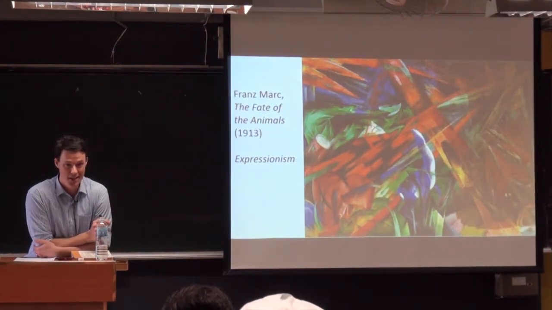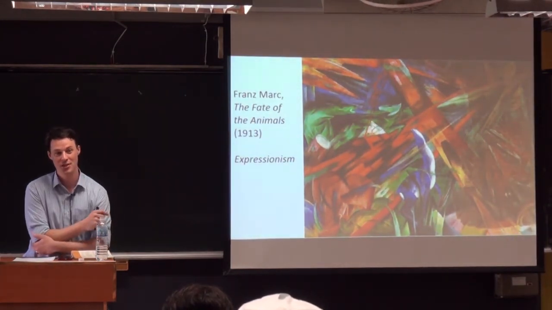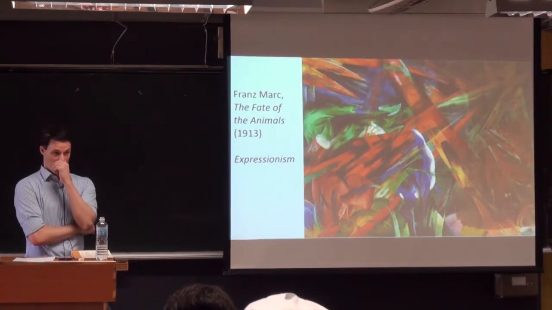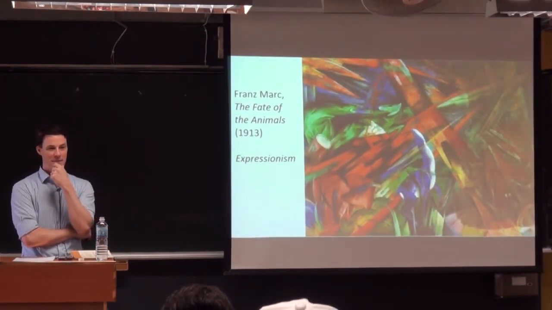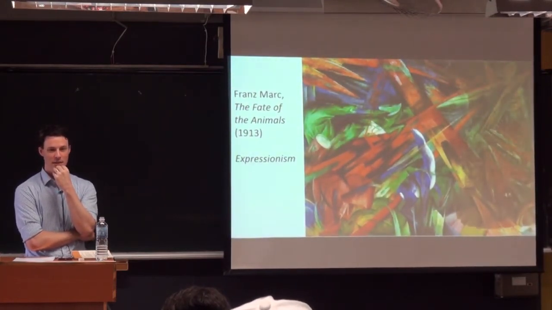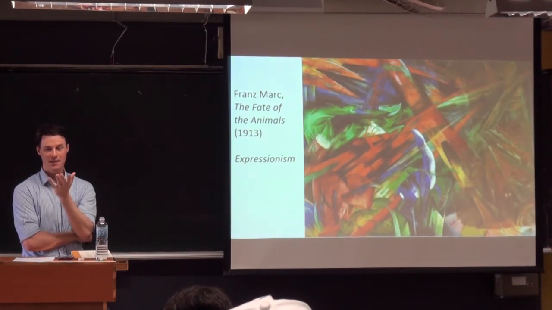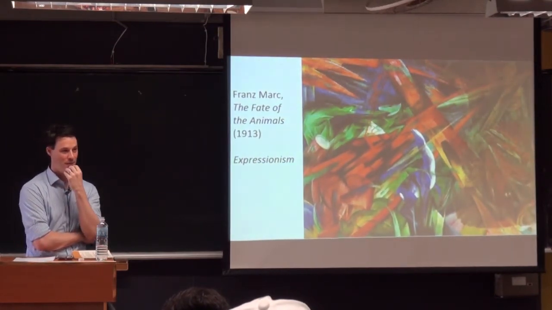How does it do it? It uses color, it uses shape, and it uses abstraction. How do you paint a painting of something like violence? How do you draw a realistic picture of anger or destruction or violence?